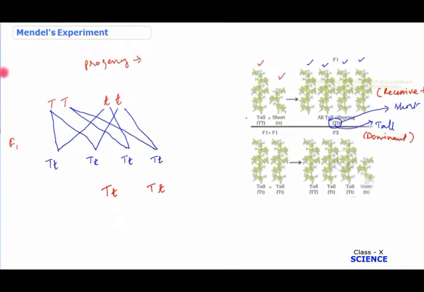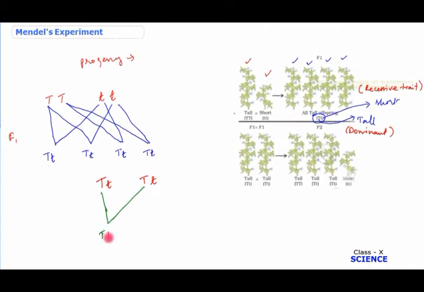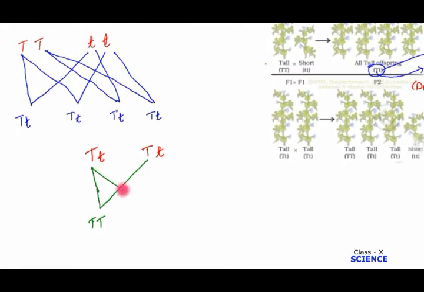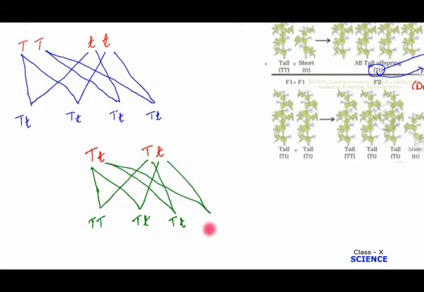Upon pollination, firstly we will get capital T capital T, so here we will write this one, and secondly here capital T and small t. Third chance will be capital T again small t. Then our fourth chance will be small t small t.